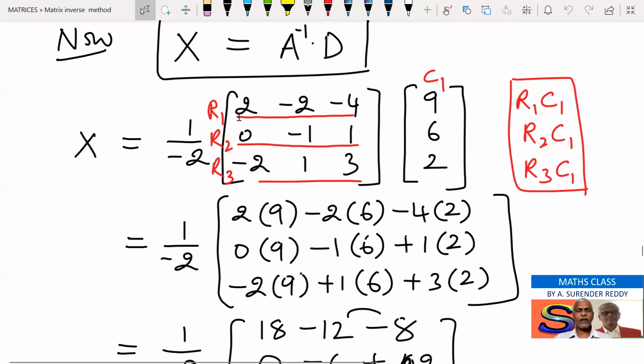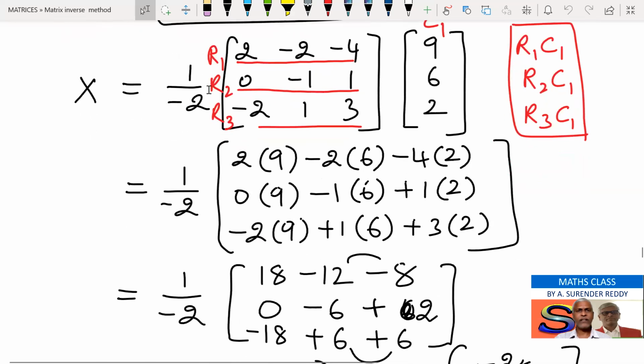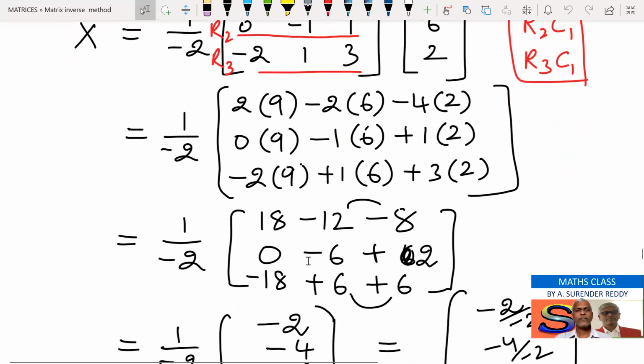So R1's 3 numbers multiply with C1's 3 numbers: first number with first, second with second, third with third. Like that, after multiplying 3 rows with C1, 2 into 9, 2 into 6, 4 into 2. So we get 18 minus 12 minus 8, 0 minus 6 plus 2, minus 18 plus 6 plus 6.